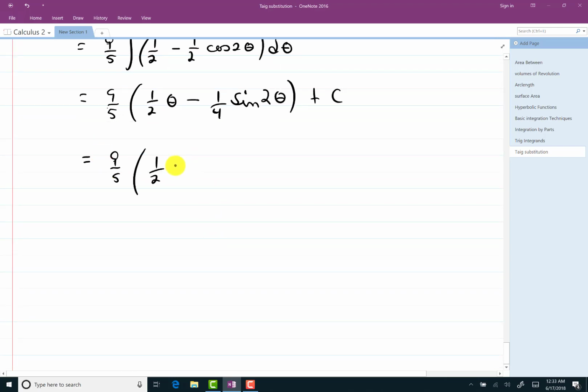So we have arc secant x, and then I can use that one thing again to get minus 1/2 sine of theta cosine of theta. I'm taking the 1/2 out of there. I'm tired of dealing with it in there, so I'm going to bring it out front to make this a 9/10.